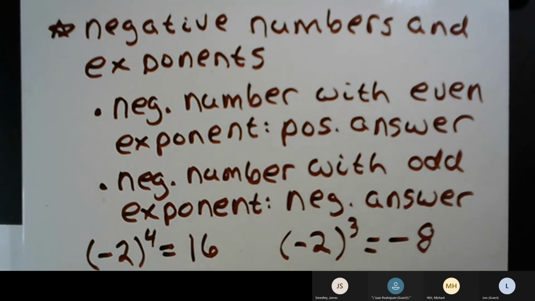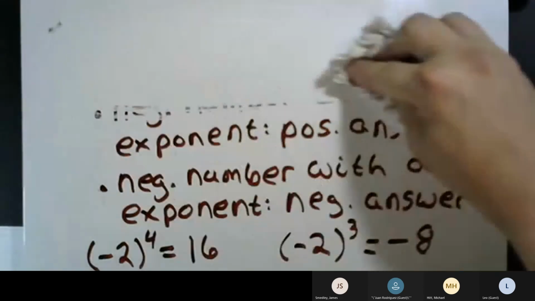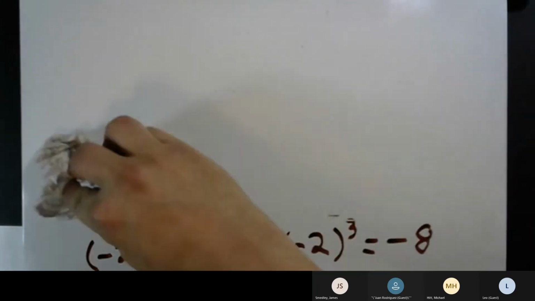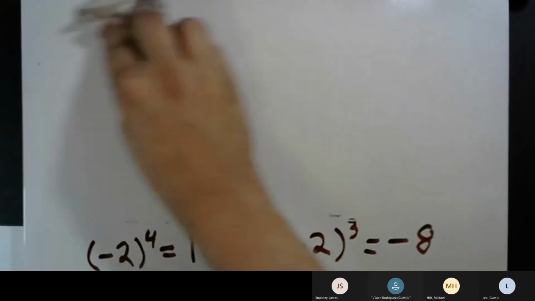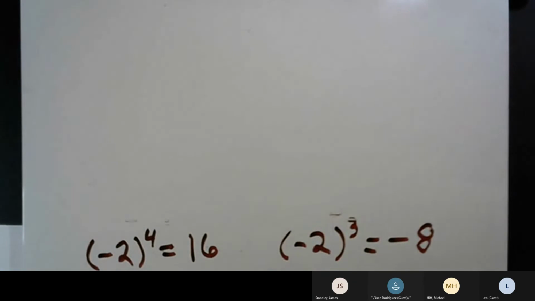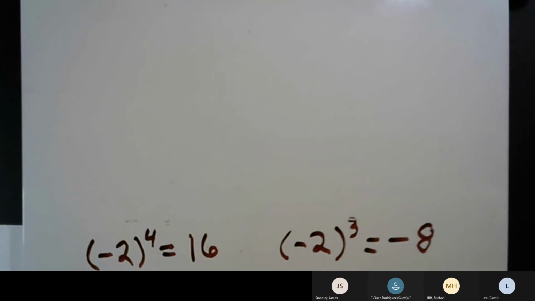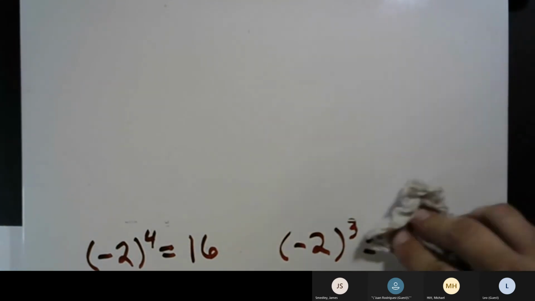All right. There's another thing with exponents and negatives you've got to be careful of. You notice that I've got parentheses on the negative numbers. If you don't have those, you could have some issues.